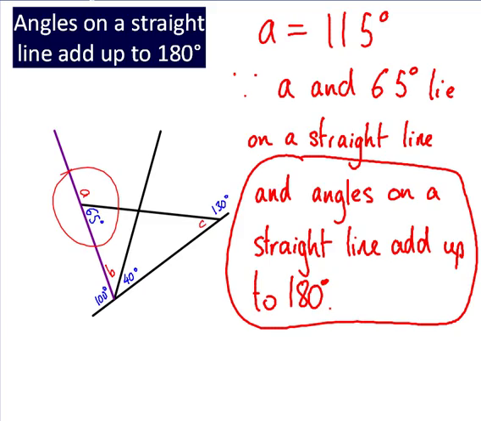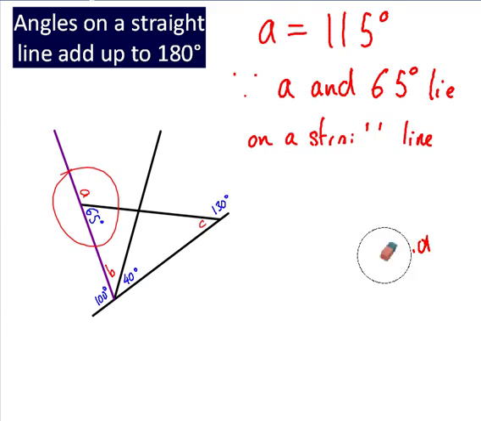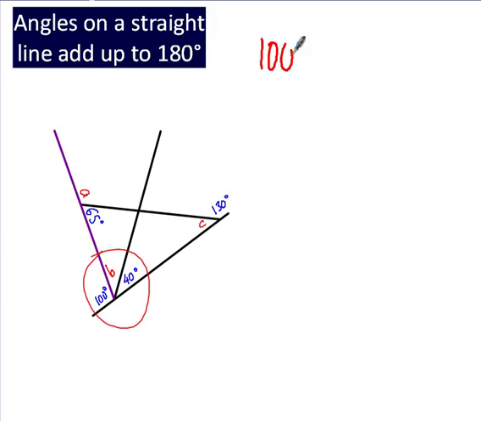Okay, now we're going to try and find what B is. Okay, that is now that bit there, that's what we're interested in now. So 100, angle B and angle 40 add up to 180 degrees. I'm going to write the numbers first. 100 plus 40 plus B equals 180 degrees.